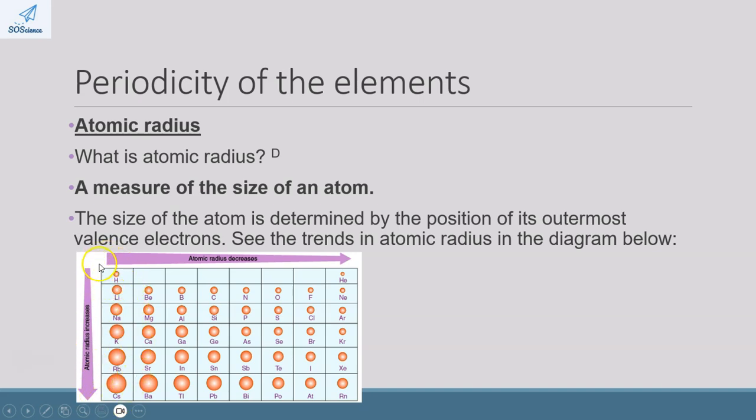We know that the outermost electrons of hydrogen exist in the first energy level, and the outermost electrons of lithium exist in the second energy level. And we also know that each energy level is much further away from the nucleus than the previous energy level, especially if you have watched a video that I posted on a previous lesson where we learned about the different energy levels and the S shells and the P shells.